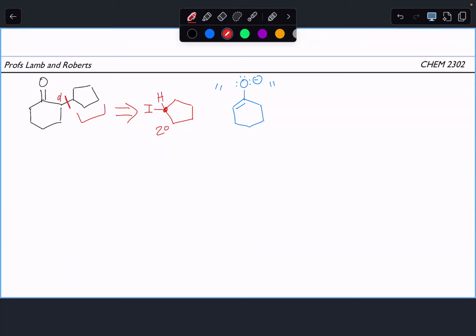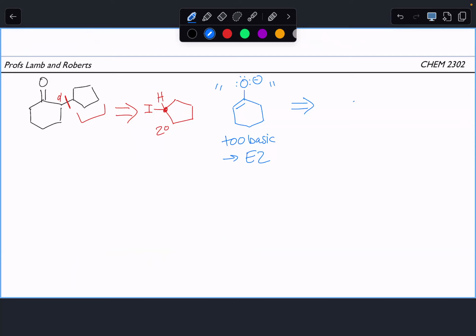Can we do an alkylation from a single carbonyl enolate on a secondary alkyl halide? No, we cannot. If this were to react, it's going to be doing an E2. This is too basic, so it's going to do an E2 elimination with a secondary alkyl halide. Again, we cannot just use this as the starting material. We have to go back an additional step to make it less basic.